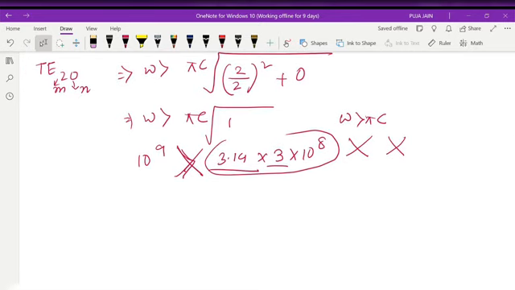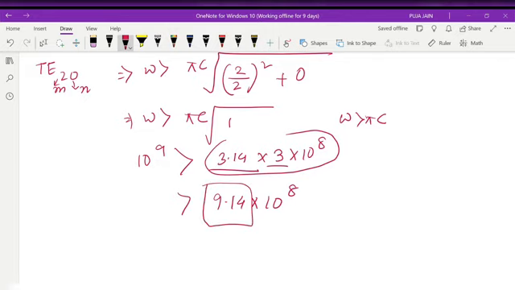Omega must be greater than pi c. So this is 3 into 3.14. Okay, wait, we have made some mistake here. Basically we are getting 9.14 into 10 to the power 8, and this value is less than 10 to the power 9.